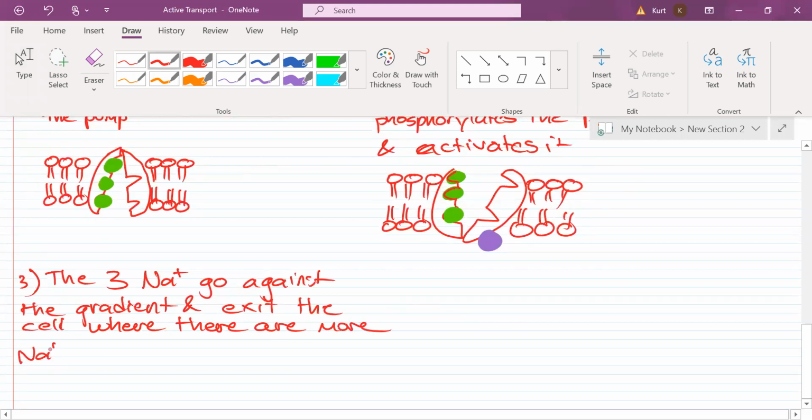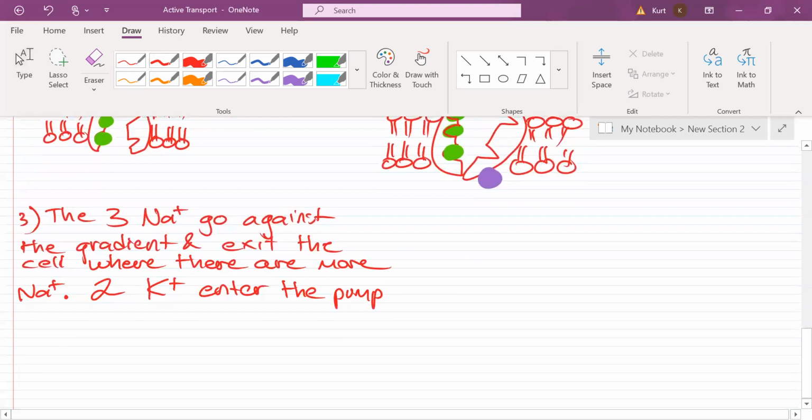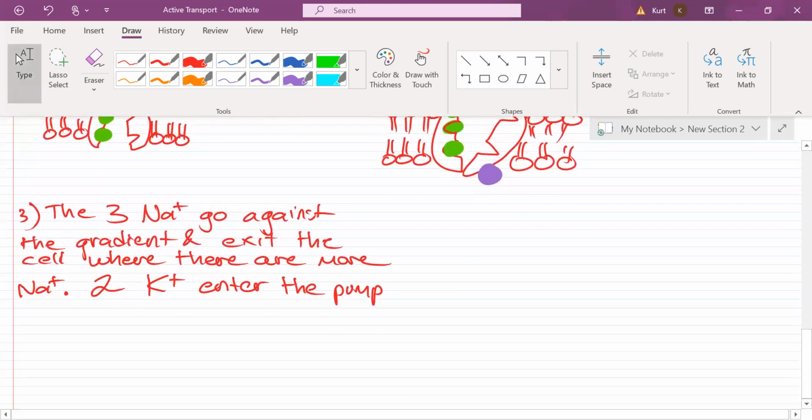So you're going from a low concentration to a high concentration. Low to high. In order to go against the gradient, you have to have energy. 2 potassium ions enter the pump. Okay? So I'm pretty much blending steps 3 and 4.